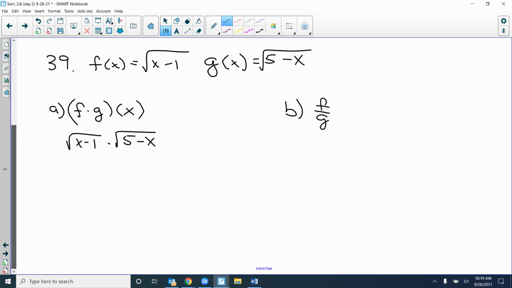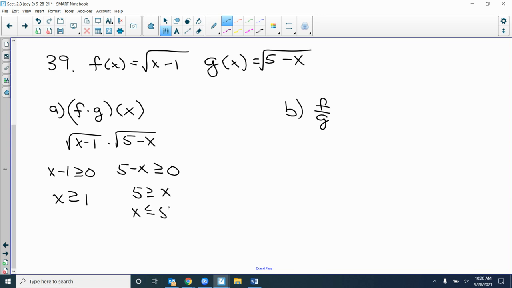So here's what you get. You've got to know your domain. For this one, x minus 1 has to be greater than or equal to 0. 5 minus x has to be greater than or equal to 0 as well. So that means x is greater than or equal to 1 for the first one. So I can use all the numbers bigger than 1. But I'm also restricted by this one. If I add x over, I get 5 is greater than or equal to x, or x is less than or equal to 5.